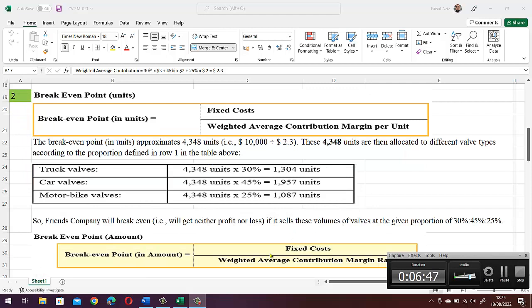So here we can say the friend's company will break even, that is there will be no profit, no loss, if it sells these volumes of valves at the given proportion of 30%, 45% and 25%. So this is break-even in terms of units. In the second requirement, we need to calculate the break-even point in amount or sales revenue.